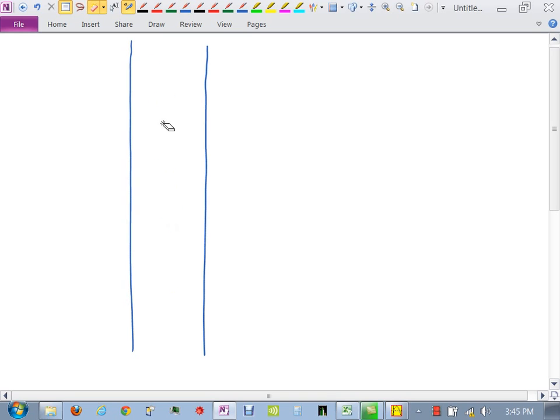And what we have is a company that has a building at point A, and they have a building down the river on the opposite side, point B, and the distance downstream is 8 miles.